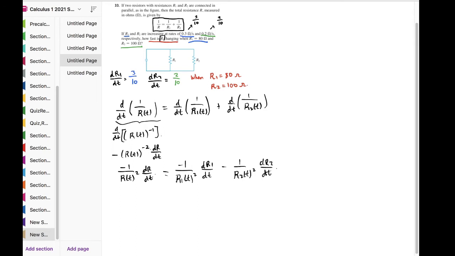Okay, now what? What do we know? Or at least, what's something we can do to make this nicer? A lot of minus signs there, right? Just multiply both sides by -1.